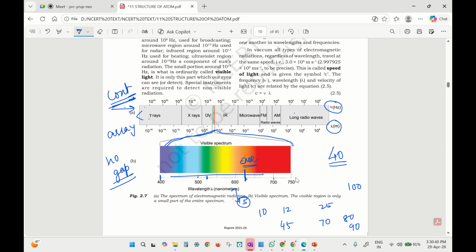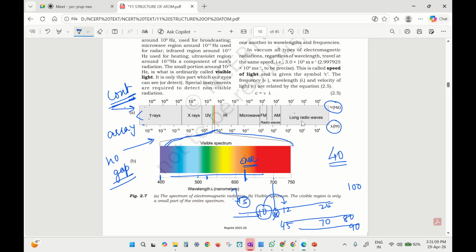No, because the lowest in the class was how much? After 10, the next highest score is 12. So there is a gap. Nobody has scored 11. So it is a discontinuous spectrum, discontinuous array of marks, correct? Whereas the electromagnetic radiations are continuous. Are we clear?